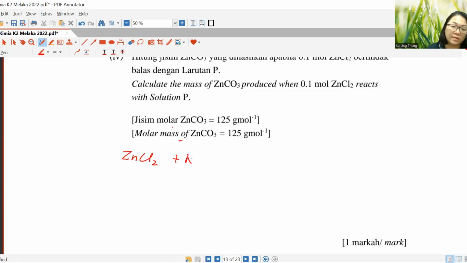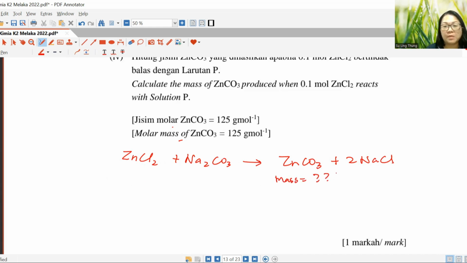Don't simply write. Now they ask you to calculate the mass of zinc carbonate produced. This one is only 1 mark. 0.1 mole of this one. If you see here, the ratio is the same.